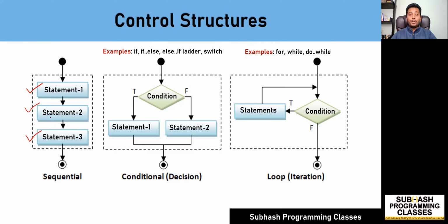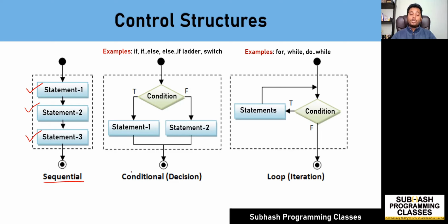These statements are being executed sequentially, one after the other. Such control structures are called sequential control structures. And all the programs that we have written in this video series till now come under sequential control structures.